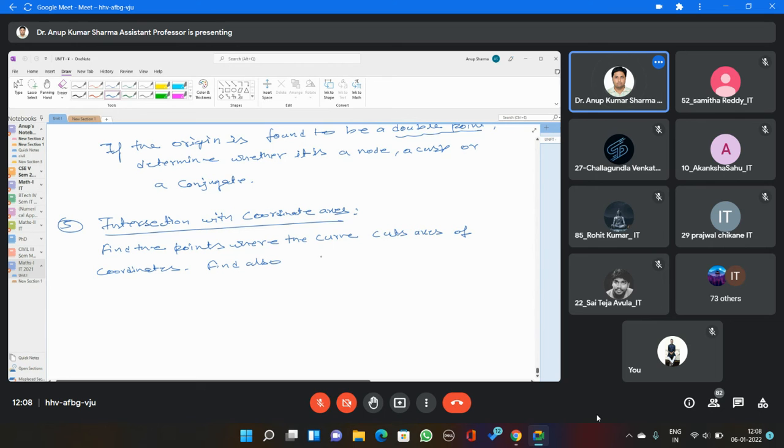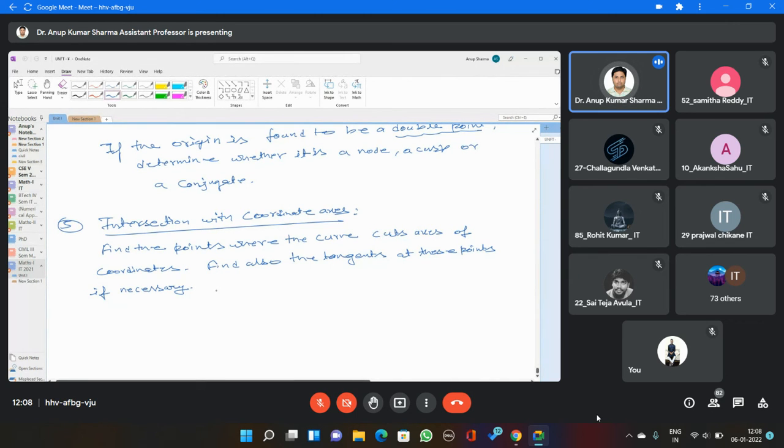Find also the tangents at these points if necessary.